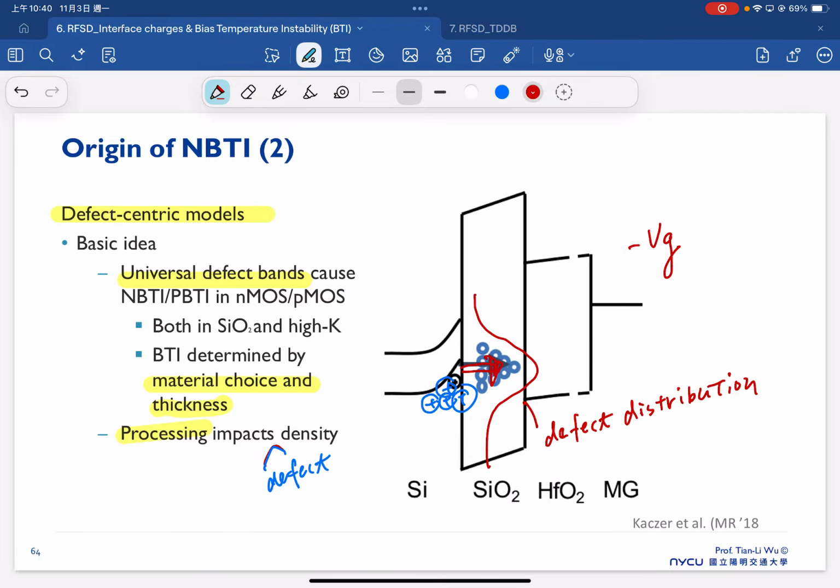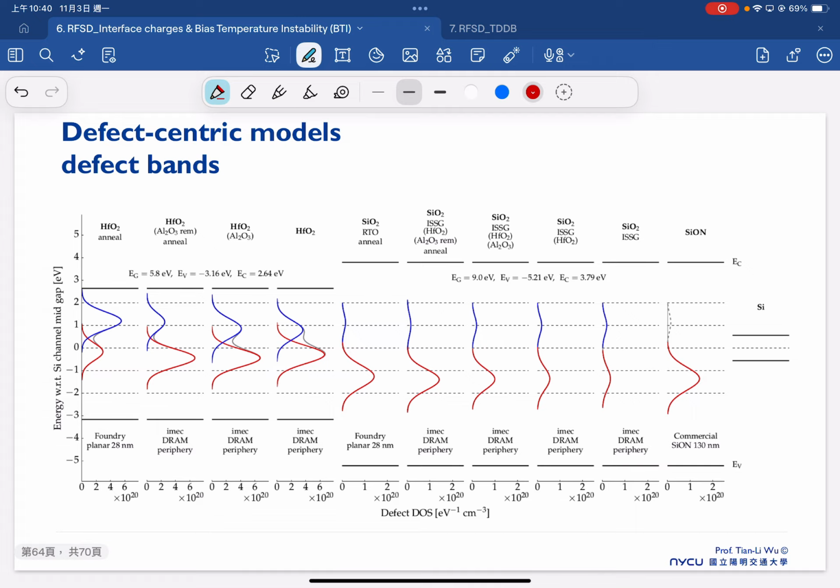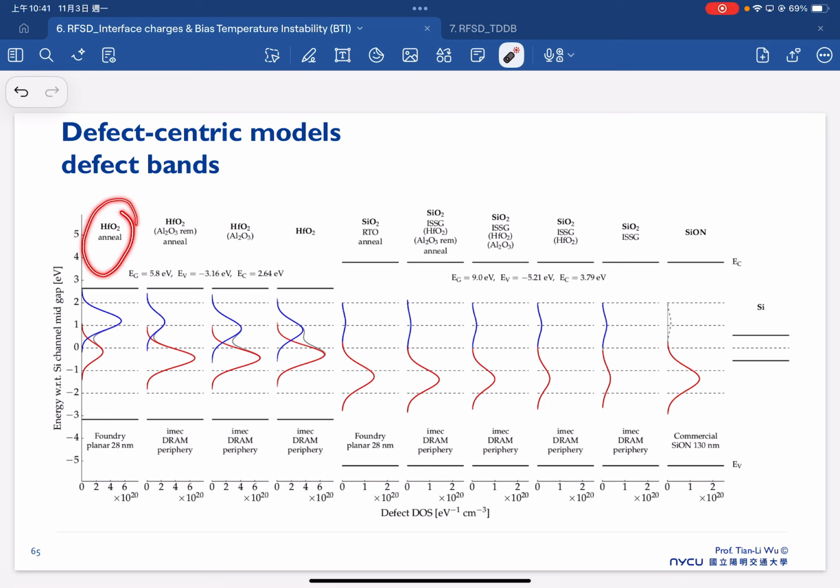And therefore, the groups tried to publish all kinds of defect distributions with respect to the different dielectric processes, such as a dielectric with aniline, hafnium oxide, silicon dioxide, silicon oxynitride. So we have all kinds of defect bands with respect to the different processes that can become the database for people trying to do the modeling and understanding.